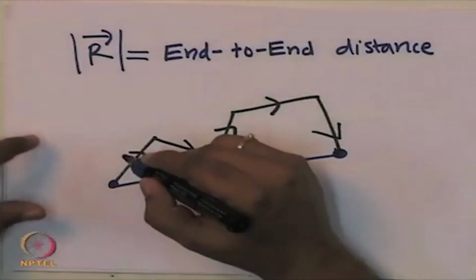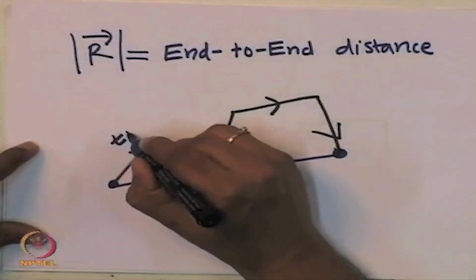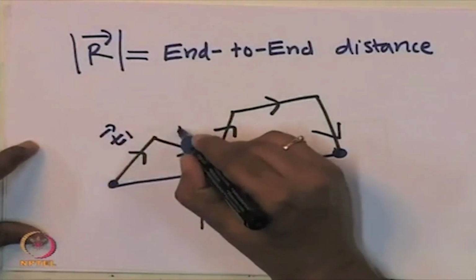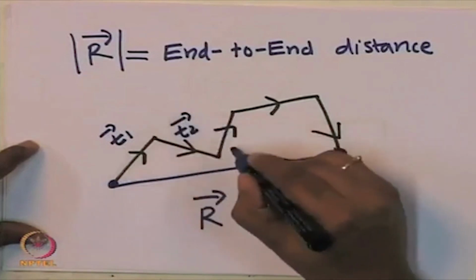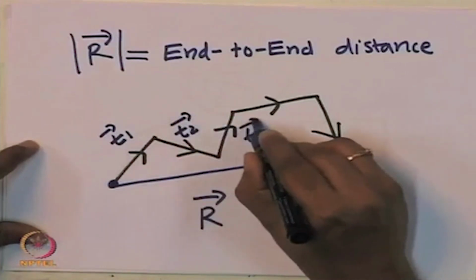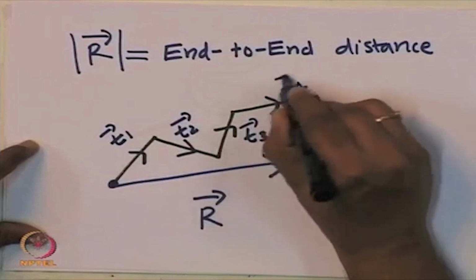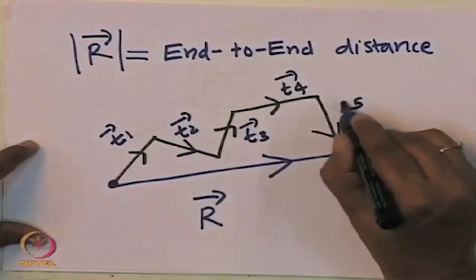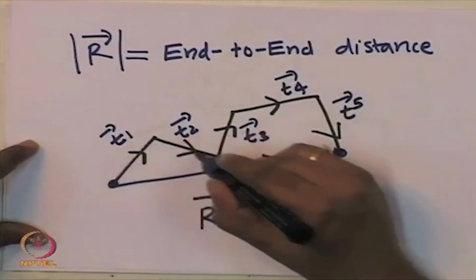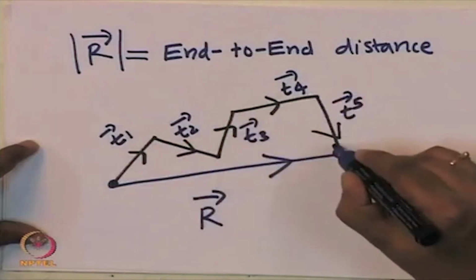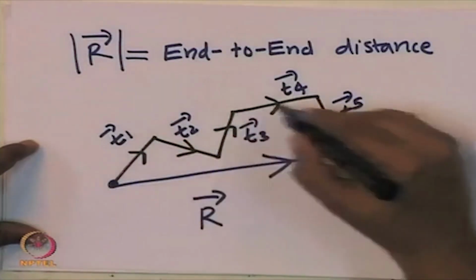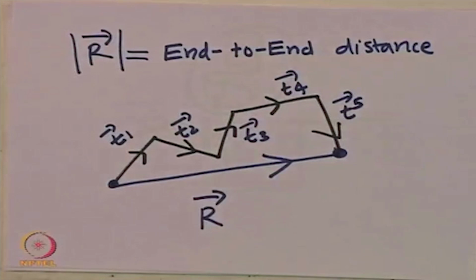So, let each of these monomers have some orientation. Let T1, T2, T3, T4 and T5 be the 5 vectors having 5 different, or any 5 random, orientations.